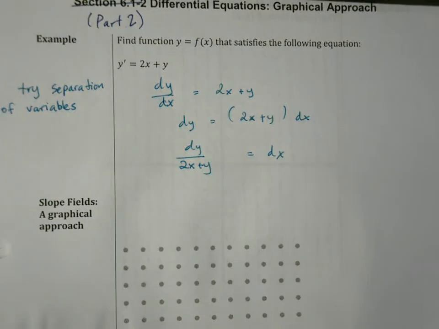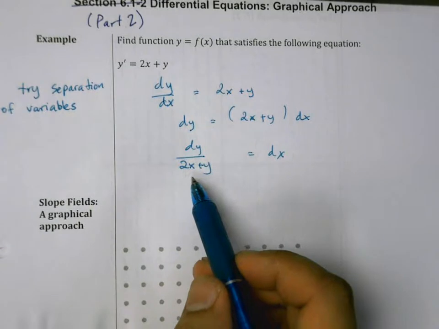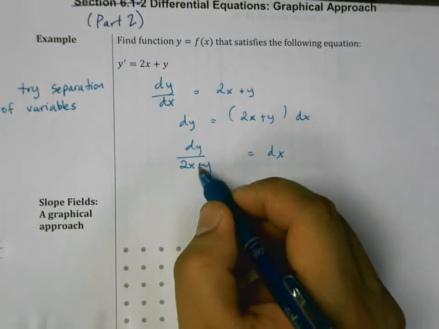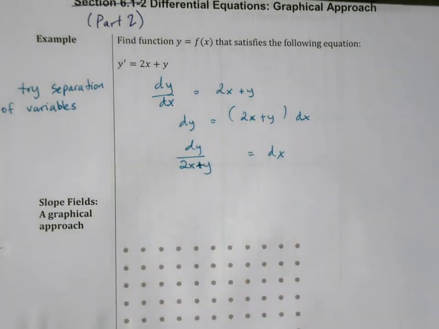Now, this presents a bit of a problem for us because the variables are not easy to separate. It turns out you probably can separate these variables, but the point is, at this point, it's difficult to separate those two variables.